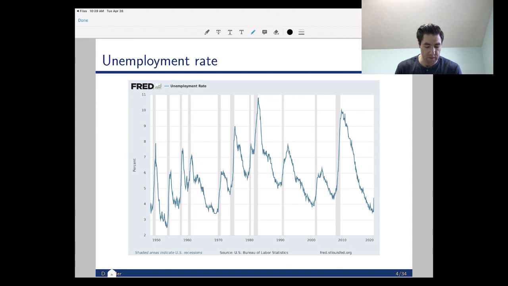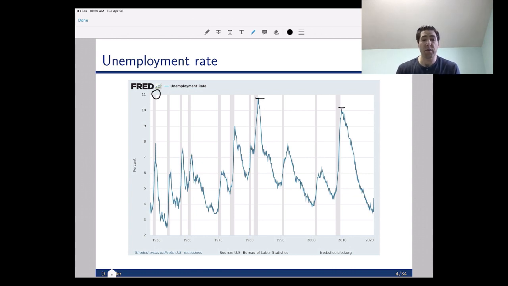The areas where you see the gray vertical bars are recessions, periods when the economy isn't doing all that well. Unemployment tends to go up in those recessions. In the early 1980s the unemployment rate was almost 11%, and most recently just over 10% in 2010.